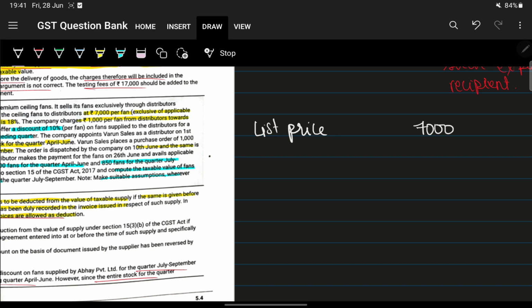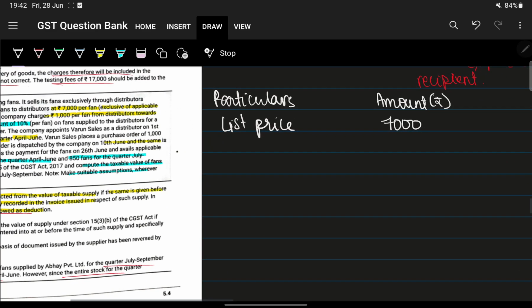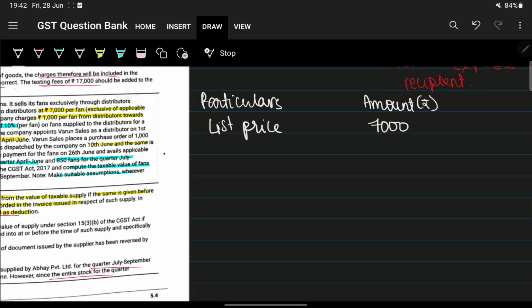So we put particulars and then amount. We'll calculate for one fan and then multiply it by the number of fans, or you can multiply here only, no problem. So here, 7,000 rupees per fan. Next, plus packing charges.